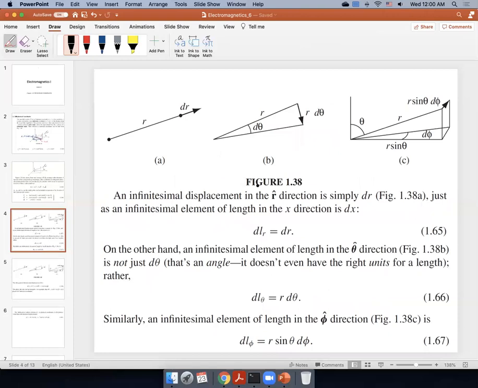Okay, now let's see the infinitesimal displacement in those three directions in spherical coordinates.